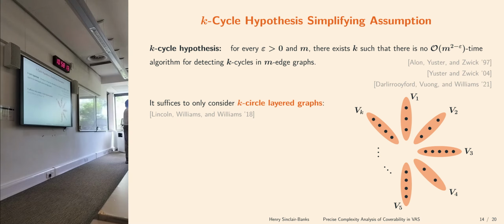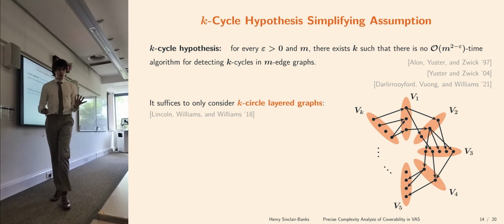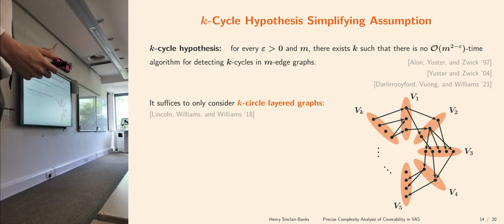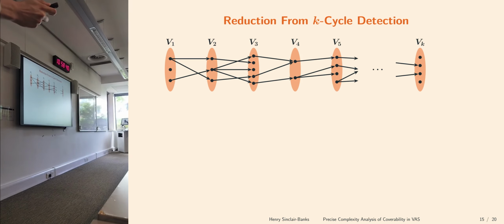You partition the vertex set into k parts, and here the directed edges are only allowed to go from Vi to Vi plus 1, so it goes from V1 to V2, V2 to V3, V3 to V4, etc., and Vk back up to V1, otherwise you'd have no cycles and it would be pretty easy. Okay, I hope that makes sense. And so I'm now going to construct an instance of coverability in 2-VASS that will detect k-cycles from graphs of this flavor. So I'm going to split the graph out, cut it open, and unroll it. So I have V1, V2 all the way down to Vk.